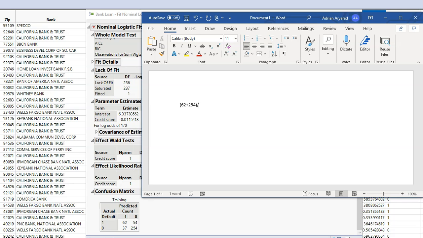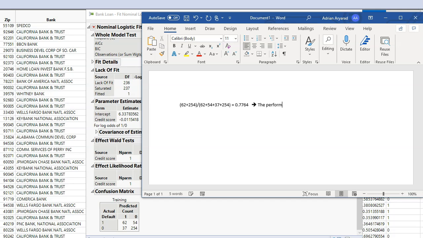How many of them we have? So all of them together are 62 plus 54 plus 37 plus 254. If you use a calculator, that would be equal to 0.7764.